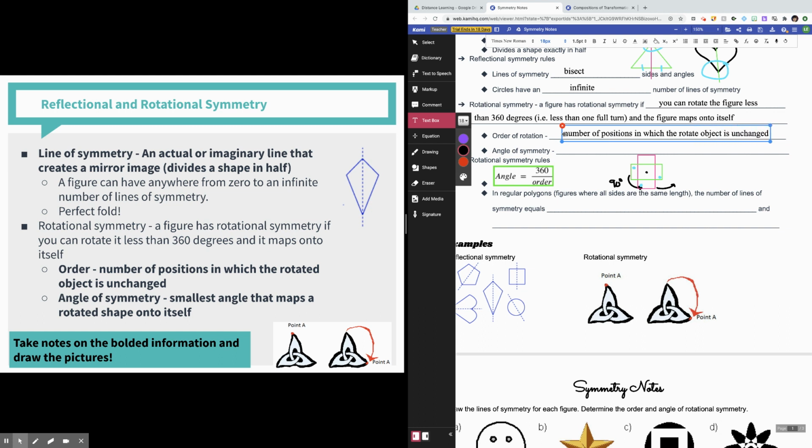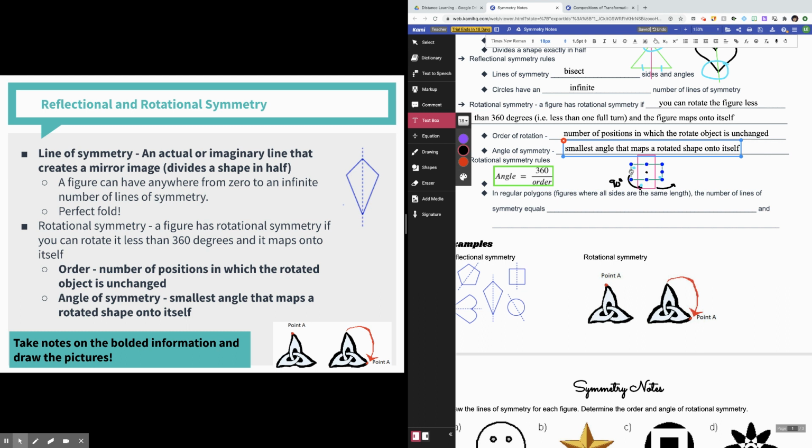That's how many positions the shape maps onto itself in one full turn. Then the angle of symmetry is the smallest angle that maps a rotated shape onto itself. Okay, so going back to this rectangle example.